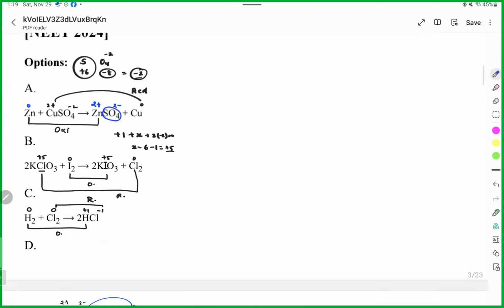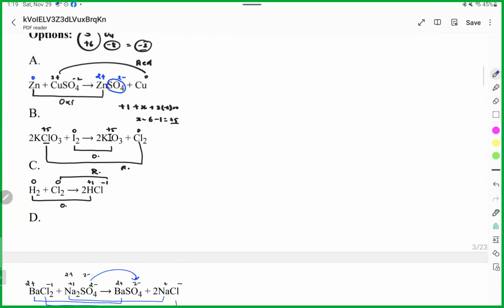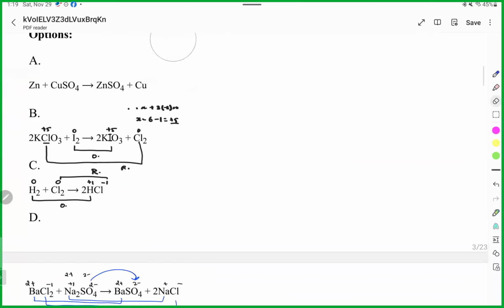What is happening in this reaction? Zinc is displacing copper, correct? Initially, copper was present with the sulfate. Now, zinc is present with the sulfate. Can we say zinc displaced copper? So this is a displacement reaction, correct?